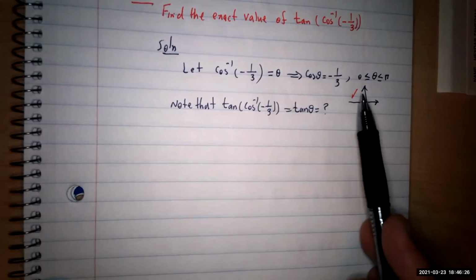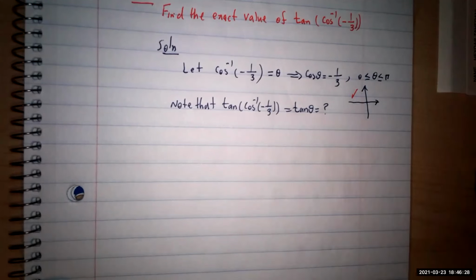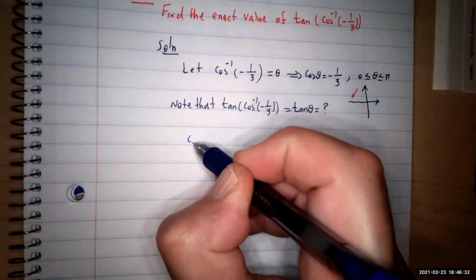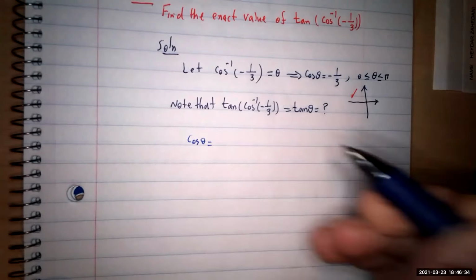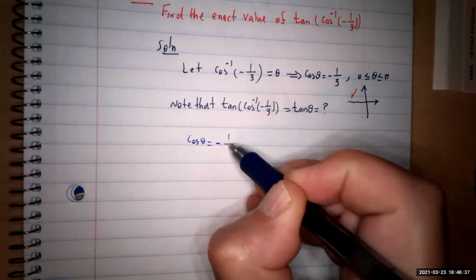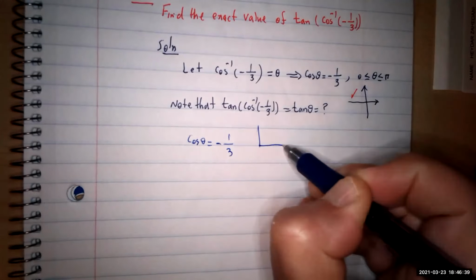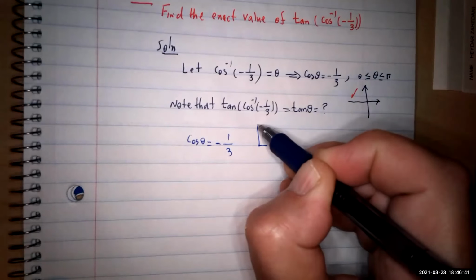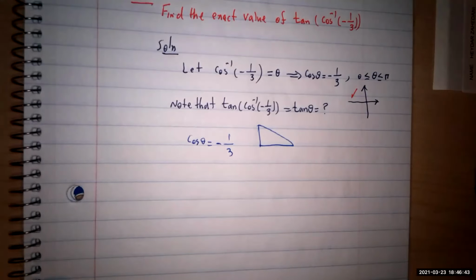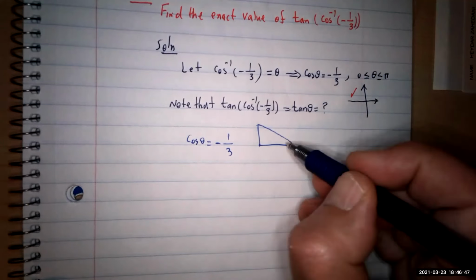You know that we can get our right triangle. So this is how we are going to arrive at it. We have the cosine of theta, which is negative 1/3. Get your right triangle. You can use those formulas, x, r, etc., or just put it inside this triangle.